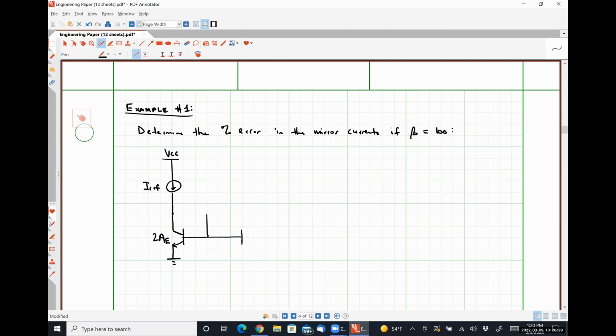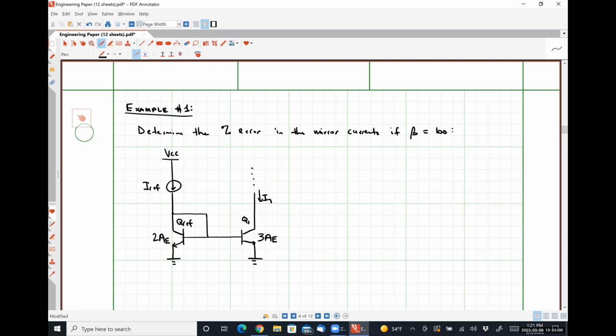And that is going to be supplying current to this first transistor, which has an area of 3 AE. So this is the one we're going to call Q1. This is Qref. This is our current I1.